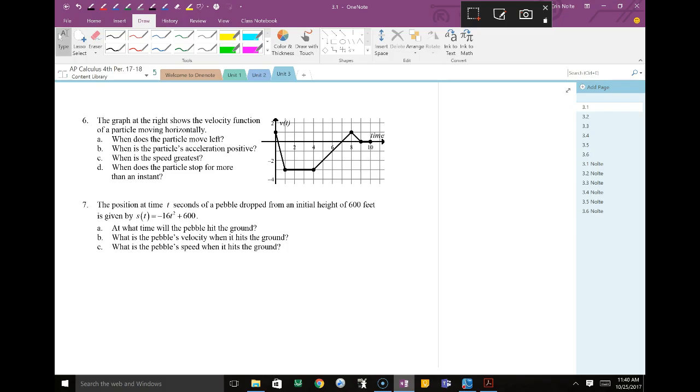So for A, when is the particle moving left? How do we know when the particle is moving left? When it's negative. Oh, and they gave us a super awesome graph. How are we going to find exactly where that x-intercept is? On a guess, it's 1/4.